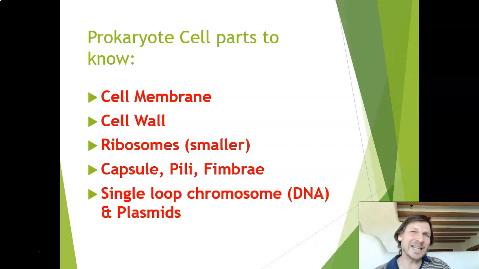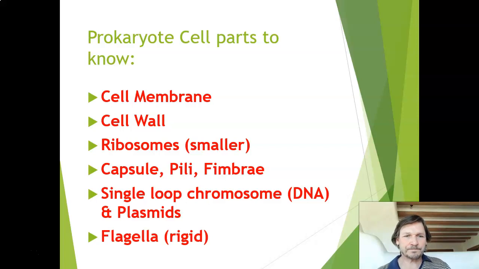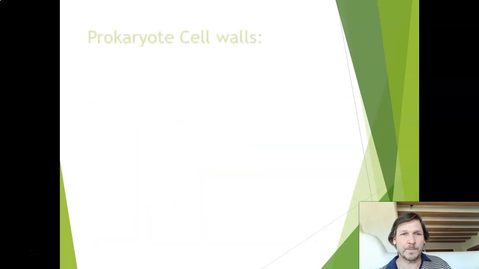Its DNA structure doesn't have histones. It's a little bit different than eukaryotic DNA. The other thing we'll learn about is they have extra loops of DNA called plasmids, but those will be in our next little lecture. And then flagella are useful for making it move in aqueous solutions.